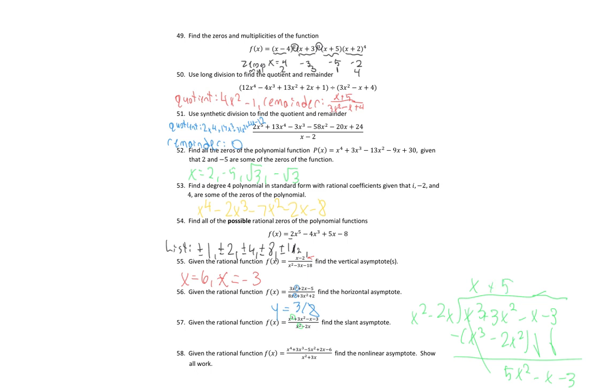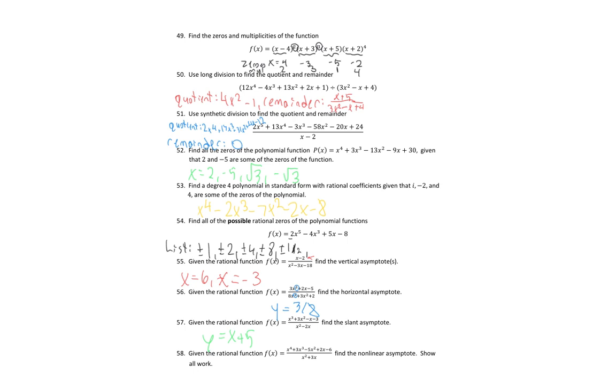Well, a 5. Technically our remainder doesn't matter, but just for practice, x minus 10 is going to become negative x plus 10, which is going to become 9x minus 3. But our remainder doesn't matter because our slant asymptote is y equals x plus 5.